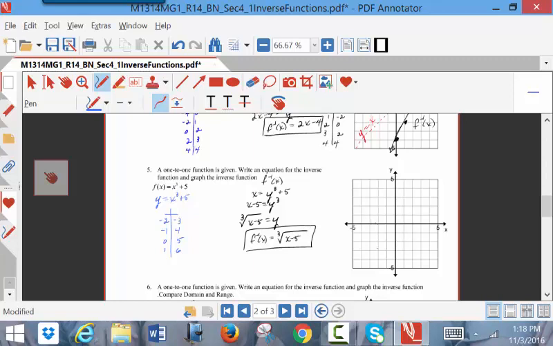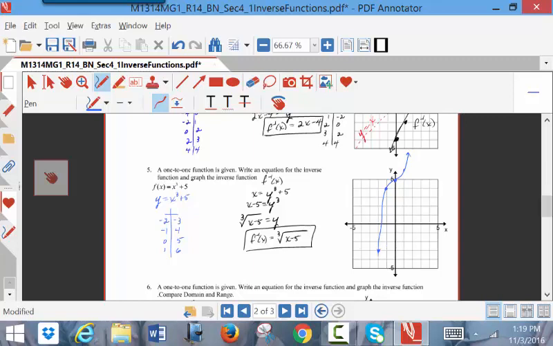Negative 2, negative 3 is down here. Negative 1, positive 4, that's a big change. 0, 5, and 1, 6. This is just the y equaling x cubed up 5 units. So it's coming up, and it's kind of curving through and then climbing again. So that's my original function in blue.